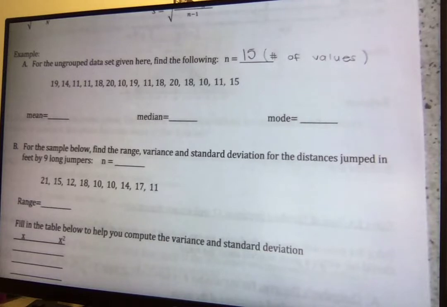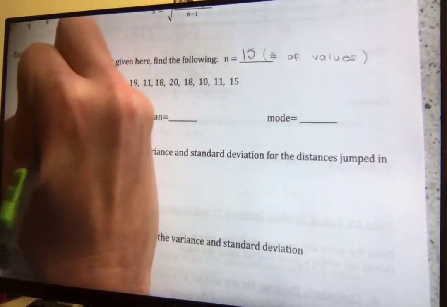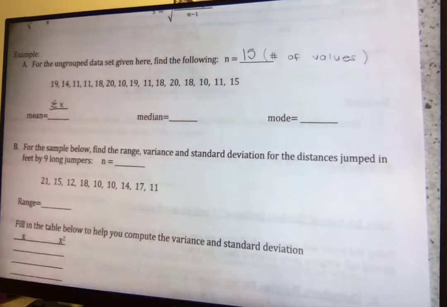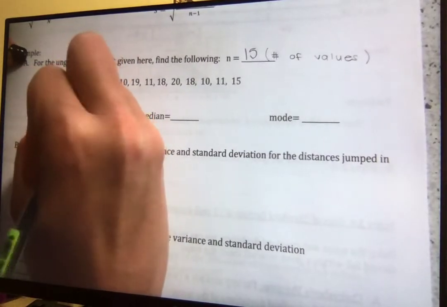Finding the mean. Remember, to find the mean, we're going to add everything up and then divide by however many numbers there are. We can write this symbolically as the sum of x, all over n.